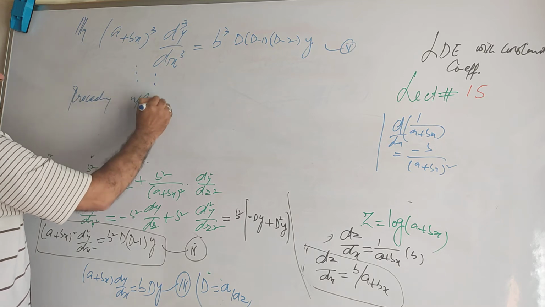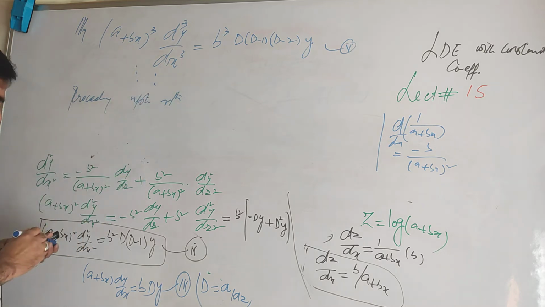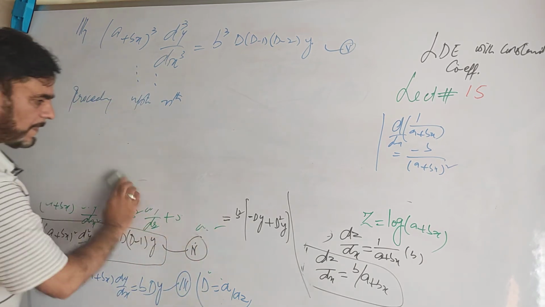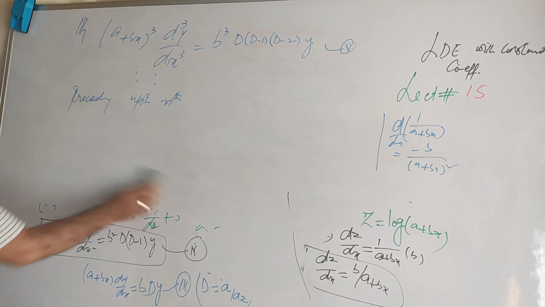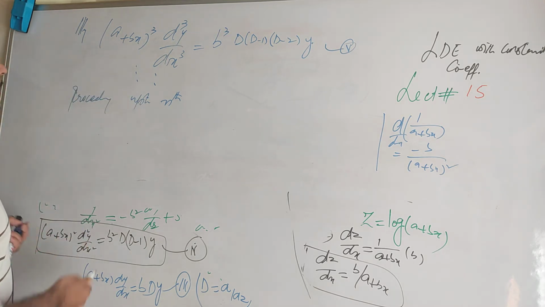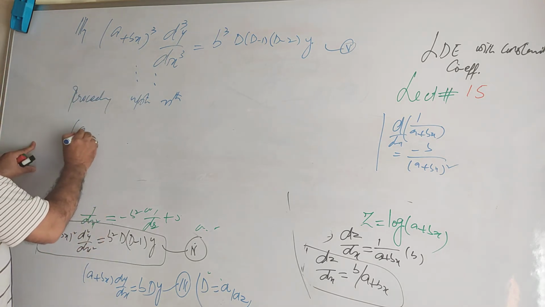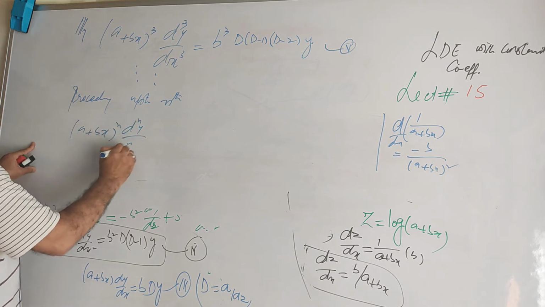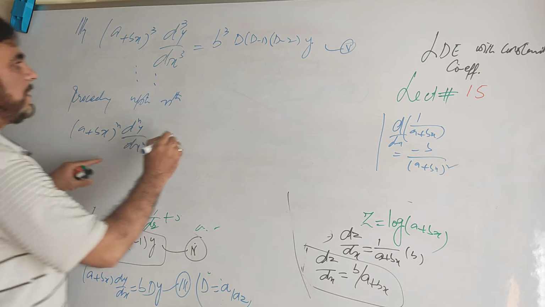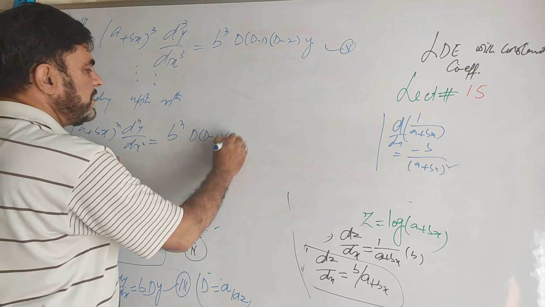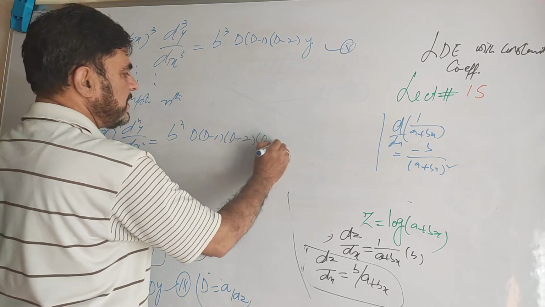up to nth. When you proceed up to nth, what you get? You get a plus bx raised power n d^n y/dx^n will be equal to b raised power n D into D minus 1, D minus 2, D minus 3.